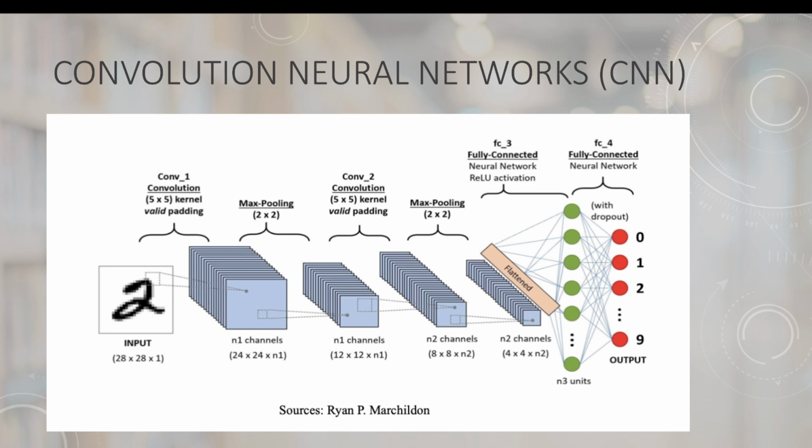Basically, CNN is a combination of two main subnetworks. The first one, the feature learning subnetwork, learns or extracts the features from input, which comprises the convolution layer, activation functions, and the pooling layer.